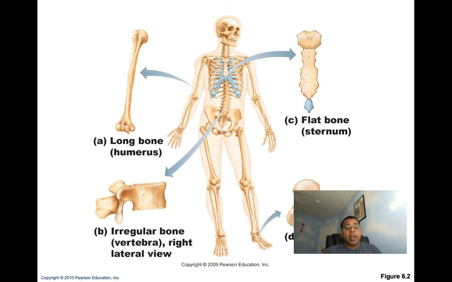Let's talk about the structure of bones. First, bone is considered an organ, and we said in order for something to be considered an organ, it's going to be made up of two or more primary tissue types. Bone is considered an organ because it contains various tissue types.